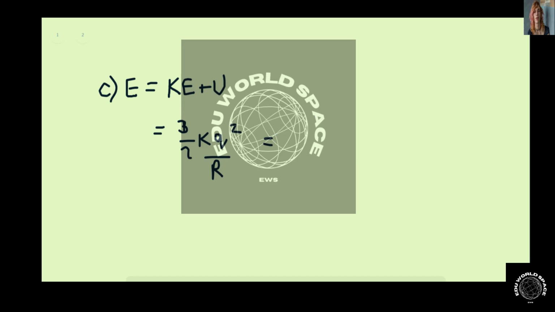Okay, so I plugged that into a calculator and I got 6.53 times 10 to the minus 18 joules, and then to convert to eV, I need to divide it by 1.6 times 10 to the minus 19.